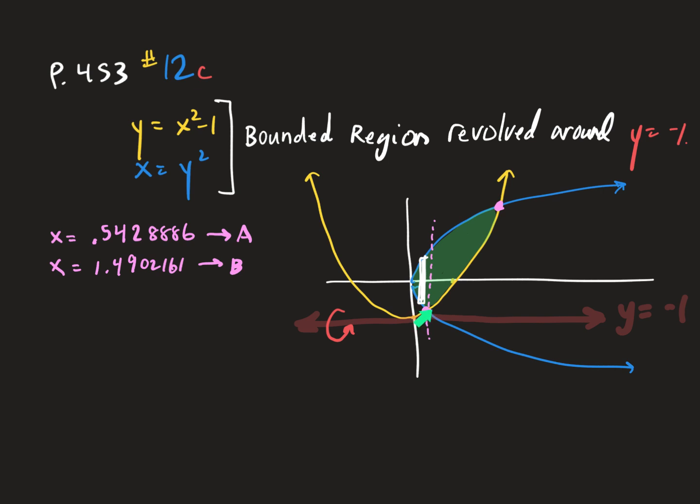After this x value, the representative rectangles had an upper bound that was the blue curve and a lower bound that was the yellow curve. But before this x value, x equals a, the representative rectangles had an upper bound that was the blue curve and a lower bound that was the blue curve. So we have to do two separate regions.